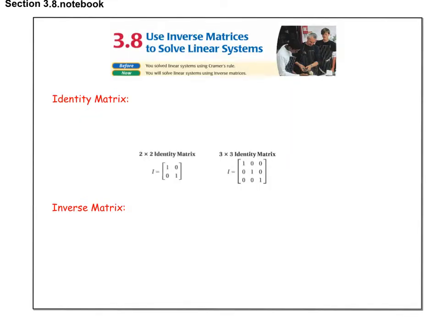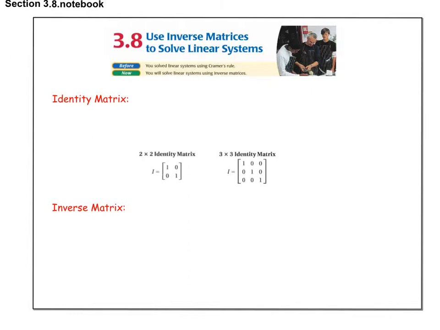So let's get started. We'll begin learning about the inverse matrix by learning about the definition of the identity matrix. Just like in addition, you had an identity rule, where you would add 0 to something. For multiplication, the identity meant you multiplied by 1 in order to get that number back out.